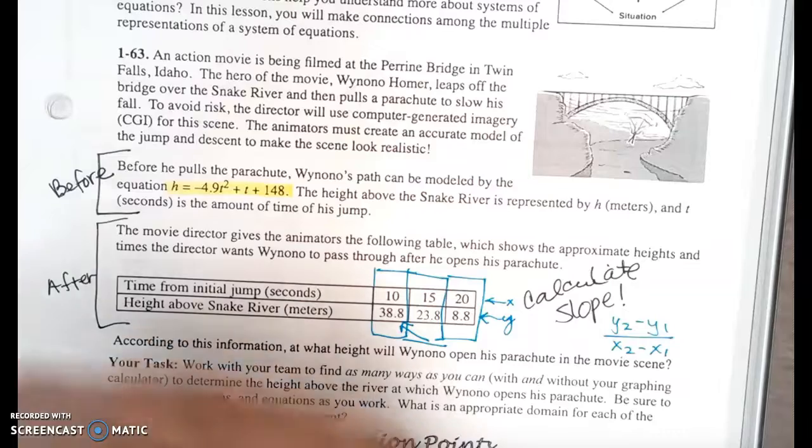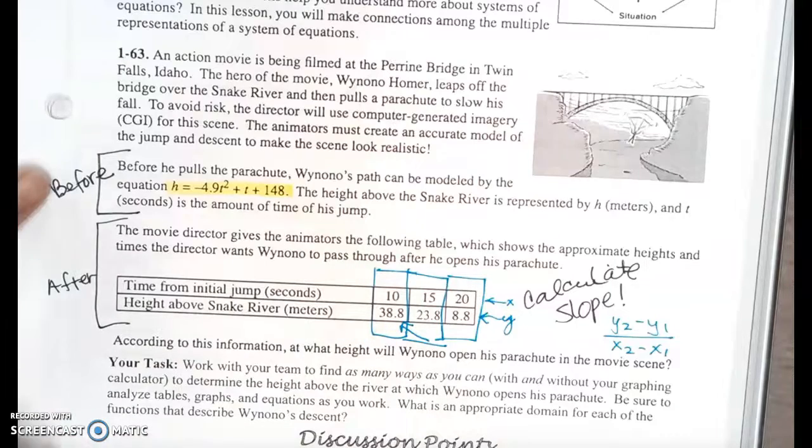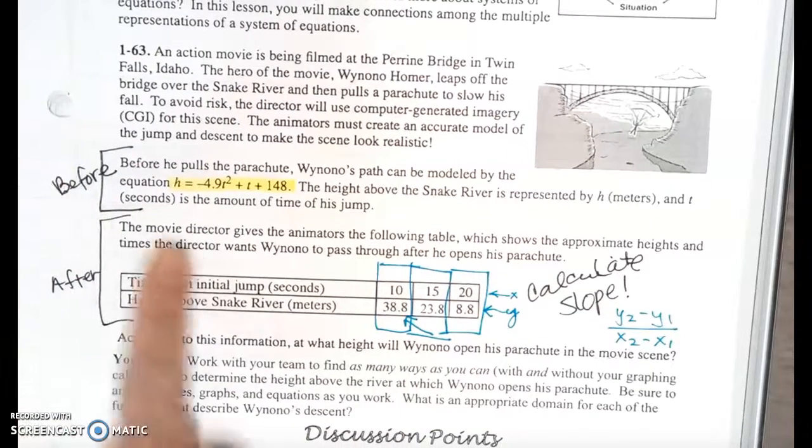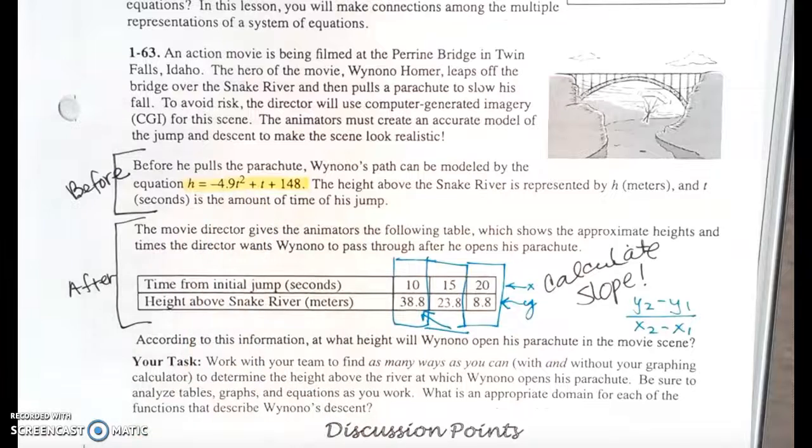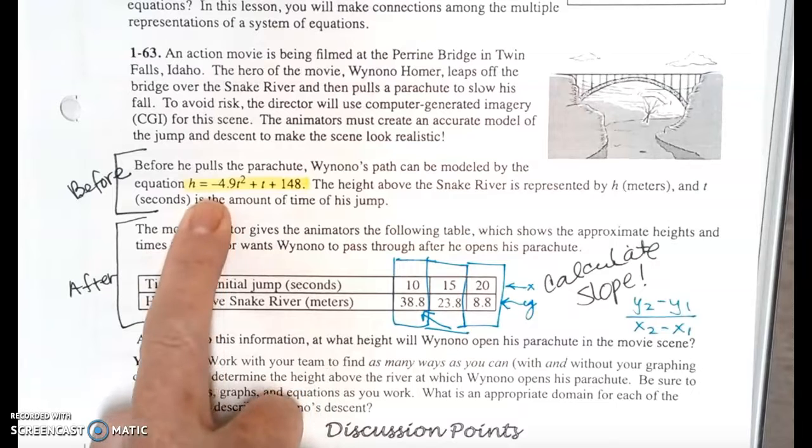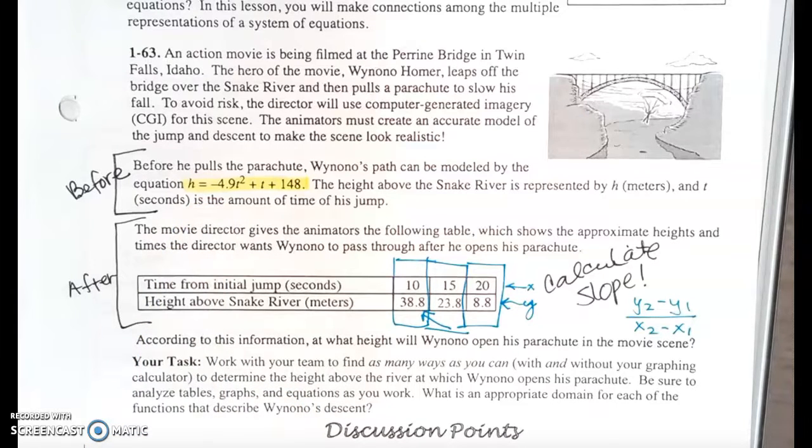Okay, so before he opens his parachute, you've got a squared, what we call quadratic, so it's like a parabola, right? And because it's negative, it's opening up or down? Down, right? So it's kind of going like this, going down towards the ground.